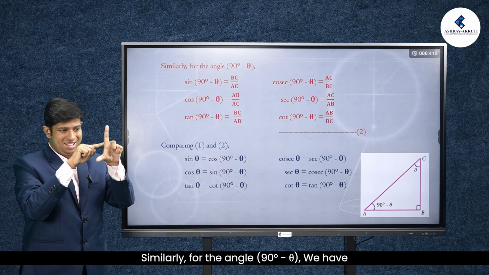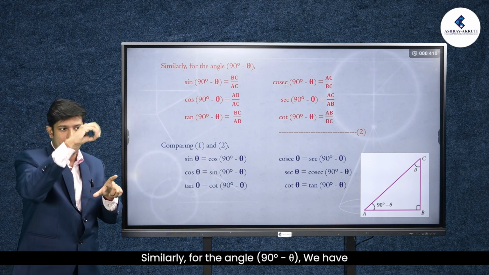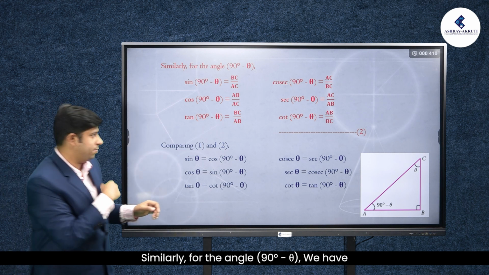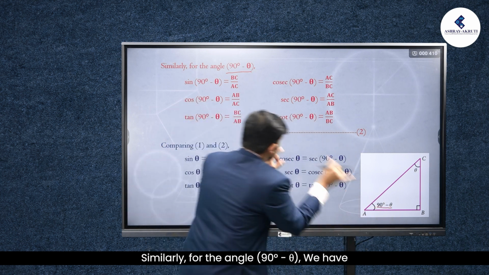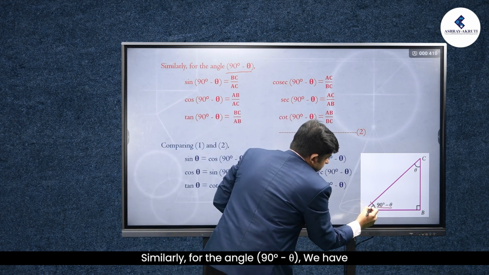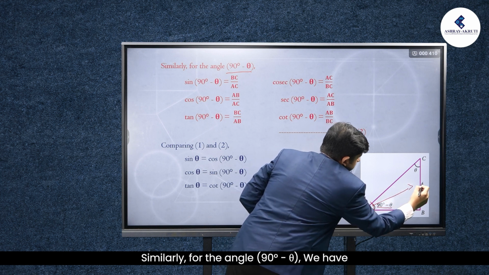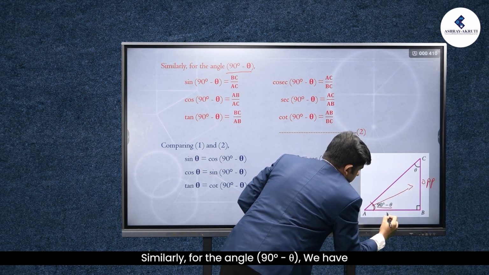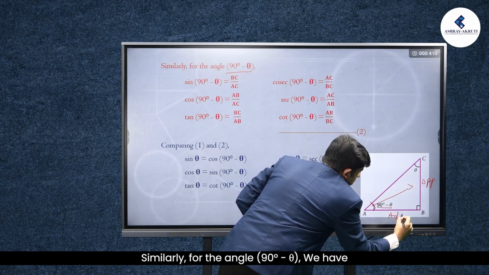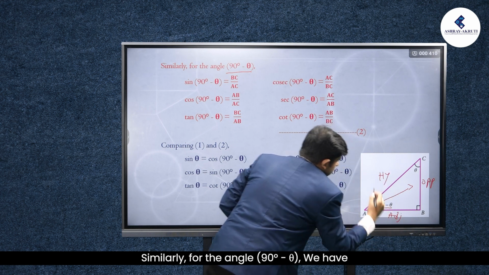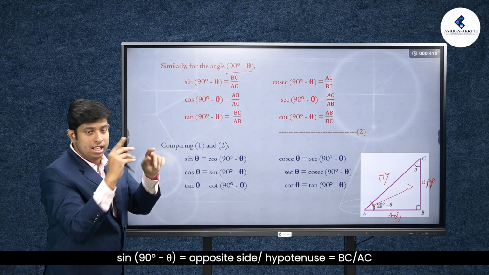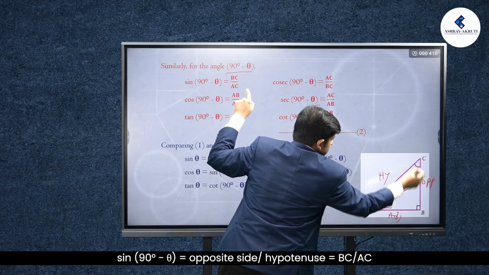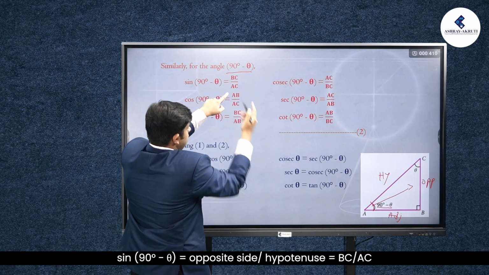Similarly, for the angle 90 minus theta, we have sin 90 minus theta is equal to opposite side by hypotenuse, that is equal to BC by AC.